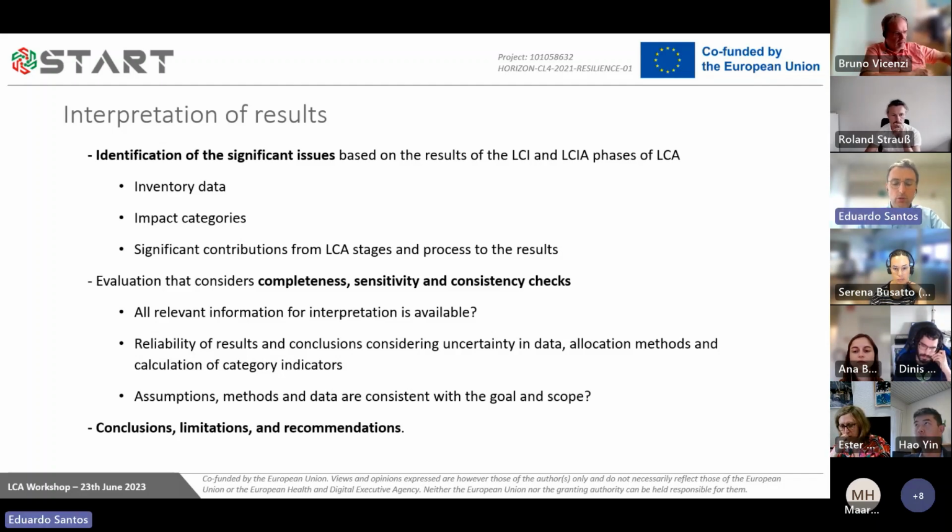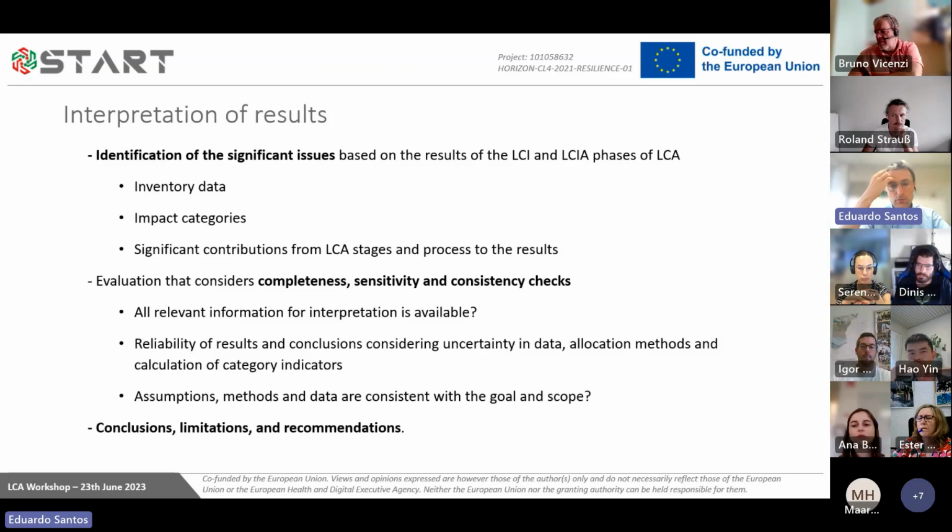So we have to focus on what is the life cycle stage that is most important. What are the impact categories that are most significant, and then try to identify where the environmental impacts are coming from. So what is the process, or what are the processes that are responsible for generating the most significant environmental impacts? And then we should be able to address those in future to improve.